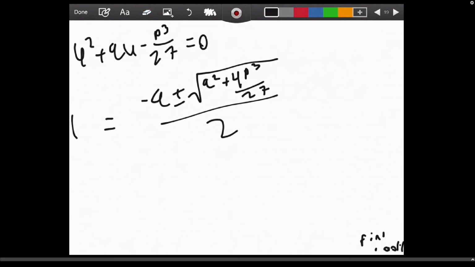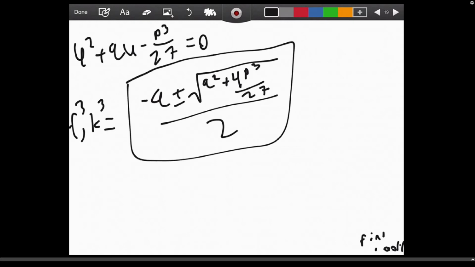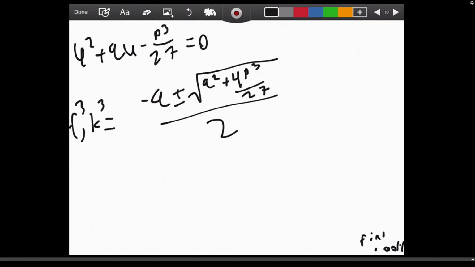So we can say that f cubed and k cubed are equal to this equation, where they are different in terms of this plus or minus sign. So if f cubed is plus, k cubed is going to be minus. And then we're just going to cube root this whole thing to get rid of these cube signs. And we get f and k is this gobbledygook, right? So that's the Vieta's theorem method.